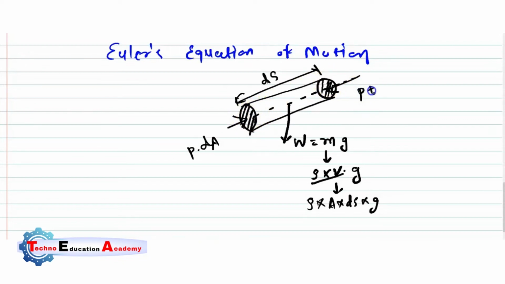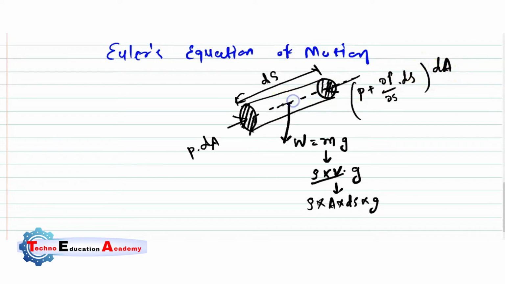The change is like that: P plus del P by del S into ds multiplied by dA. So the inlet pressure force is PdA, and the outlet pressure force is P plus del P by del S into ds into dA.